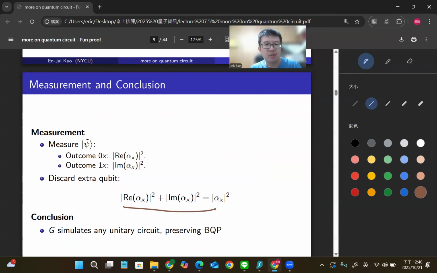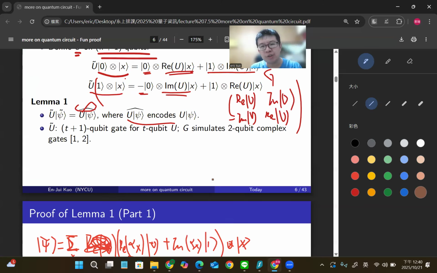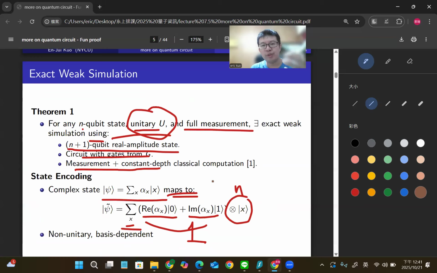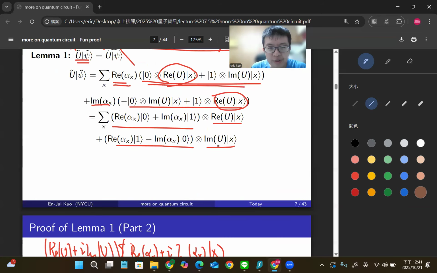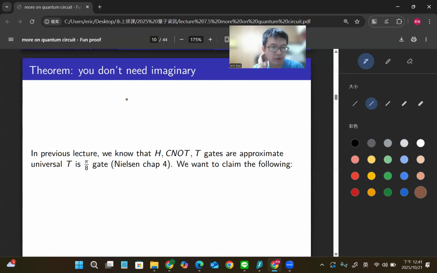So it's the same. That means this simulates any unitary quantum circuit preserving the probabilities. So you don't need imaginary numbers; you can just use a single extra qubit to remove the imaginary part.